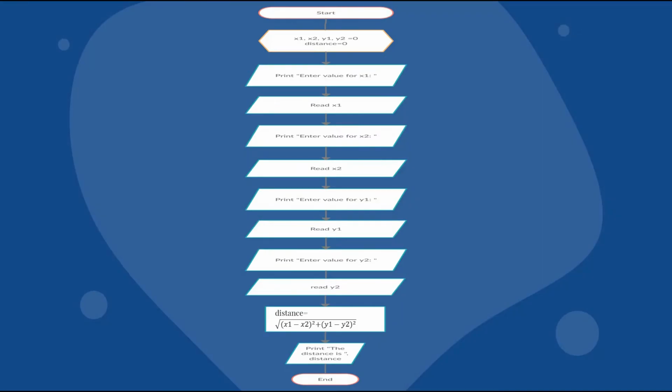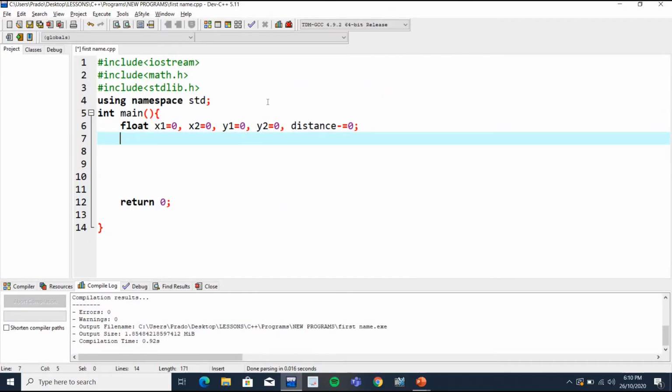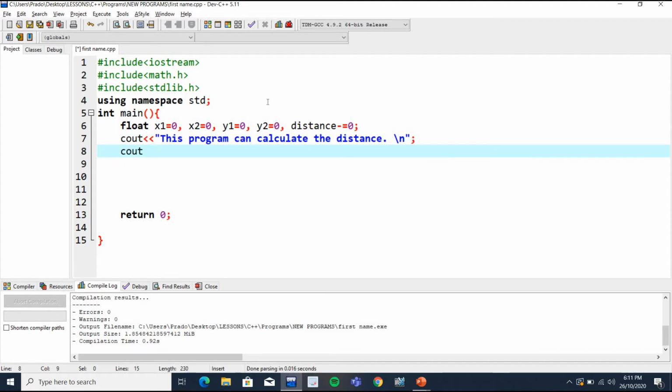And then, next po is we will get the value for x sub 1. Cout, and then this program can calculate the distance, and then /n. Next, kukunin na po natin yung value ng x sub 1.